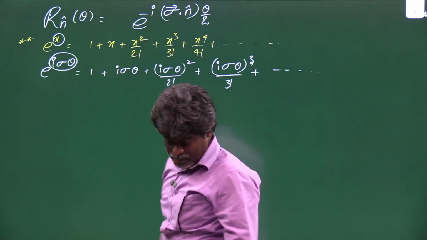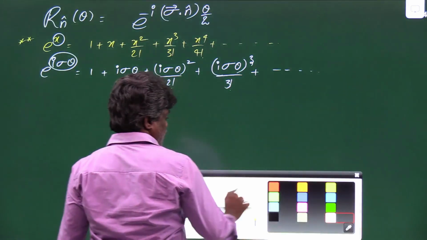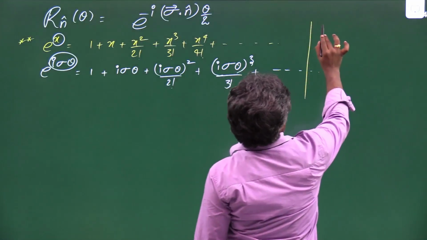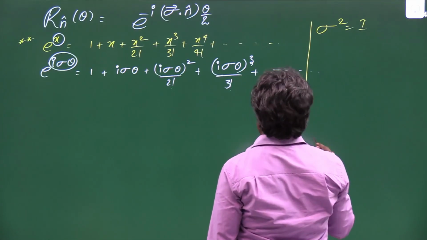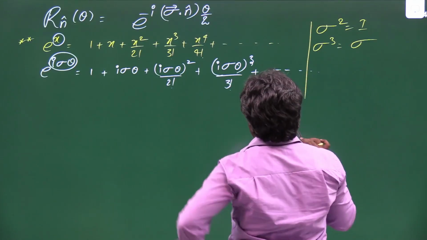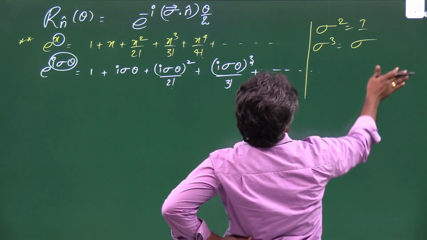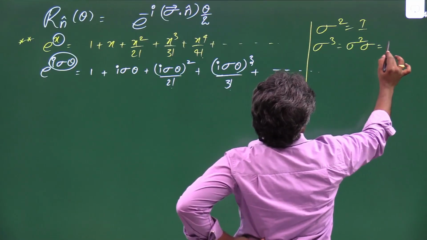Okay, now here we have to know a few things. Sigma square how much, sir? I. Sigma cube? Here sigma cube is nothing but sigma square into sigma. That's why sigma.